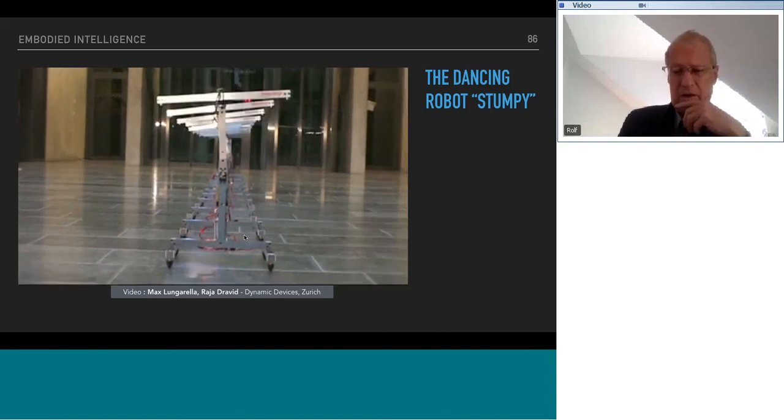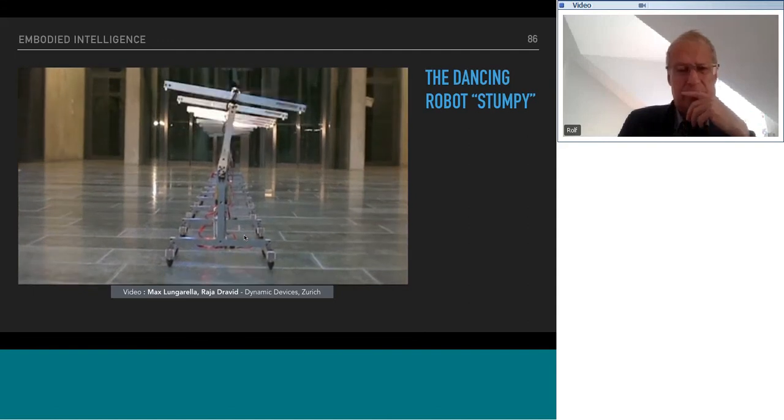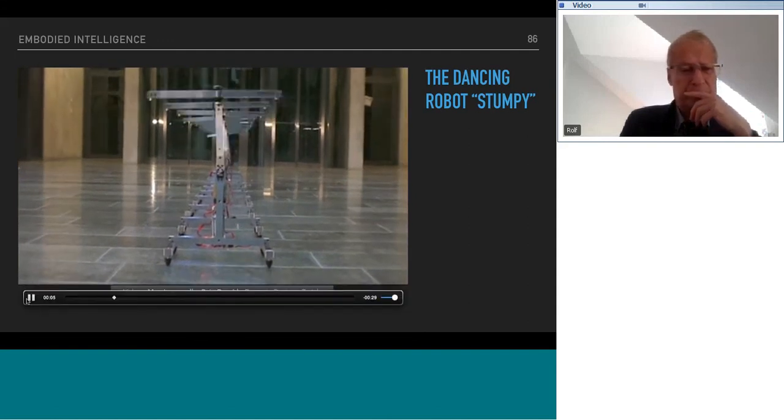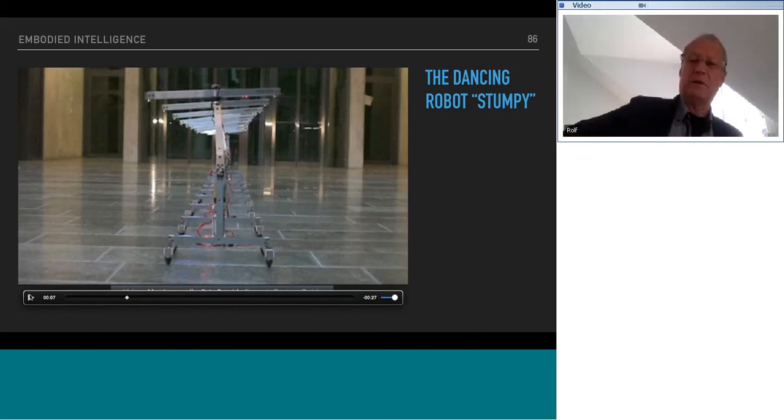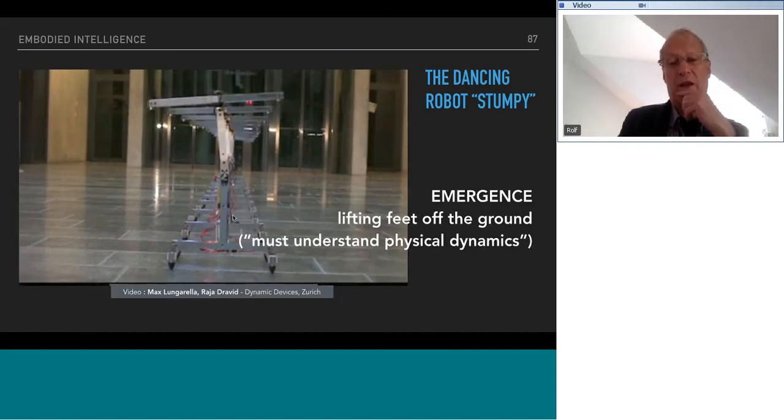So this is actually a robot, Stumpy, that we built a couple of years ago, and it only has 2 degrees of freedom. It can only do this, and has some springy materials, but so we can only control these 2. But now watch what happens.